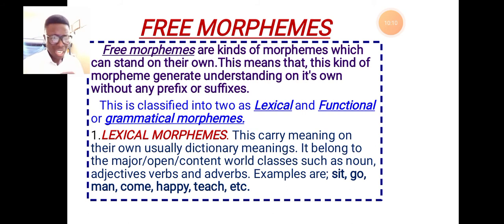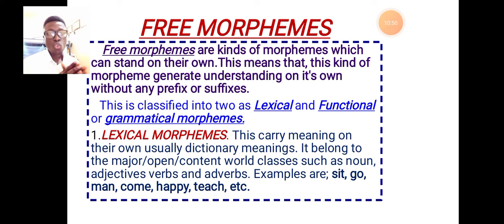So what are examples of such morphemes? One, I'll take man. Man is a morpheme, and man gives a clear understanding of itself. Man means a male adult. Girl is a morpheme. Girl means a female child.